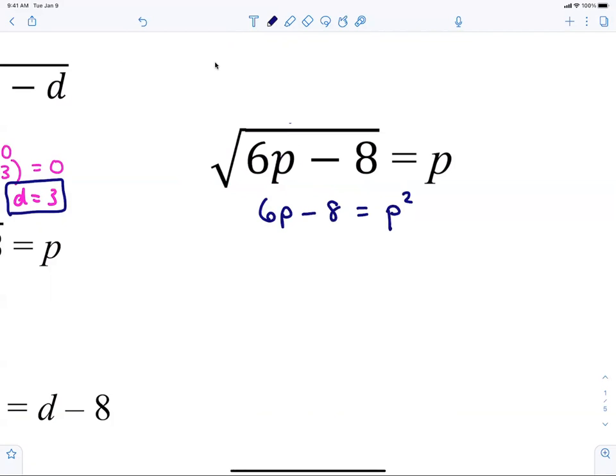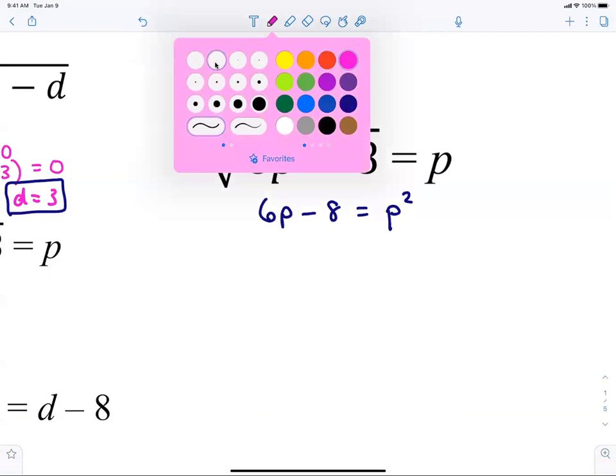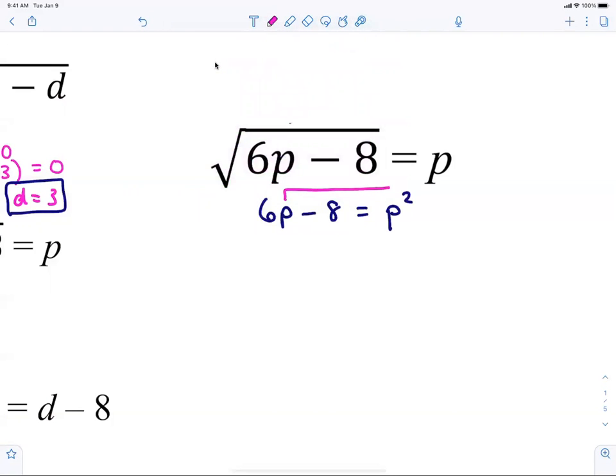Thank you very much. That's a quadratic, so I want the quadratic to be set equal to 0. So I'm moving the 6p over here, and I'm moving the -8 over. When I do that, the 6p becomes minus, and the -8 becomes +8. Everybody okay with that?